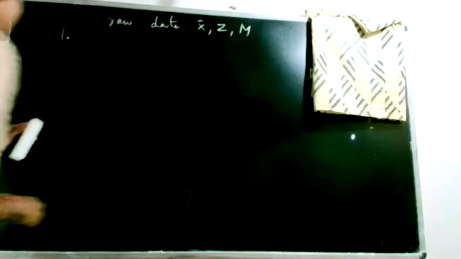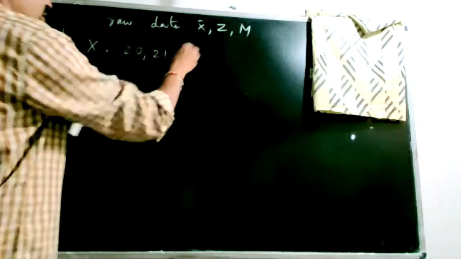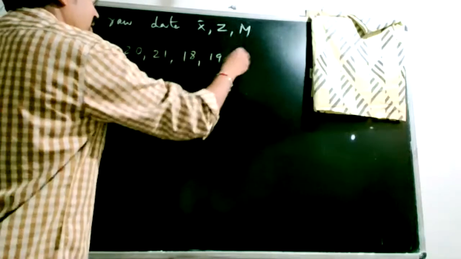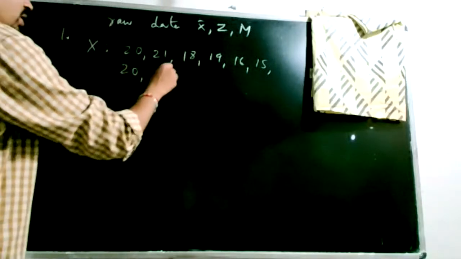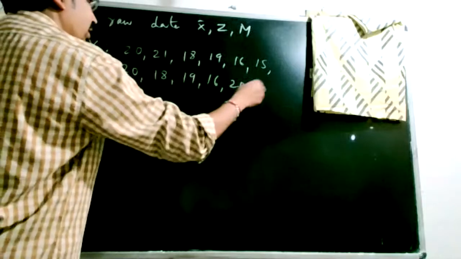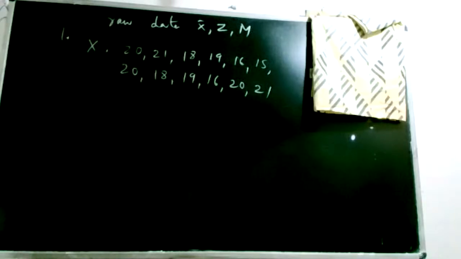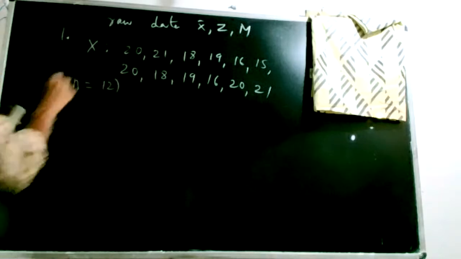Let us take some raw data and see how to compute x bar, z as well as m. Let me take some x values like 20, 21, 18, 19, 15, and so on. So these are the values of x. I have a total of n equal to 12 observations.